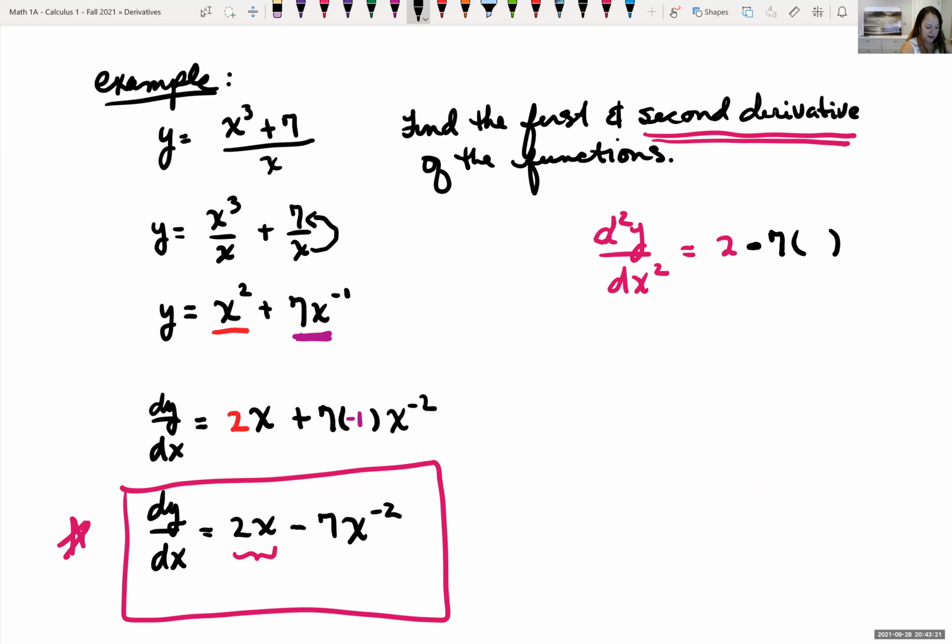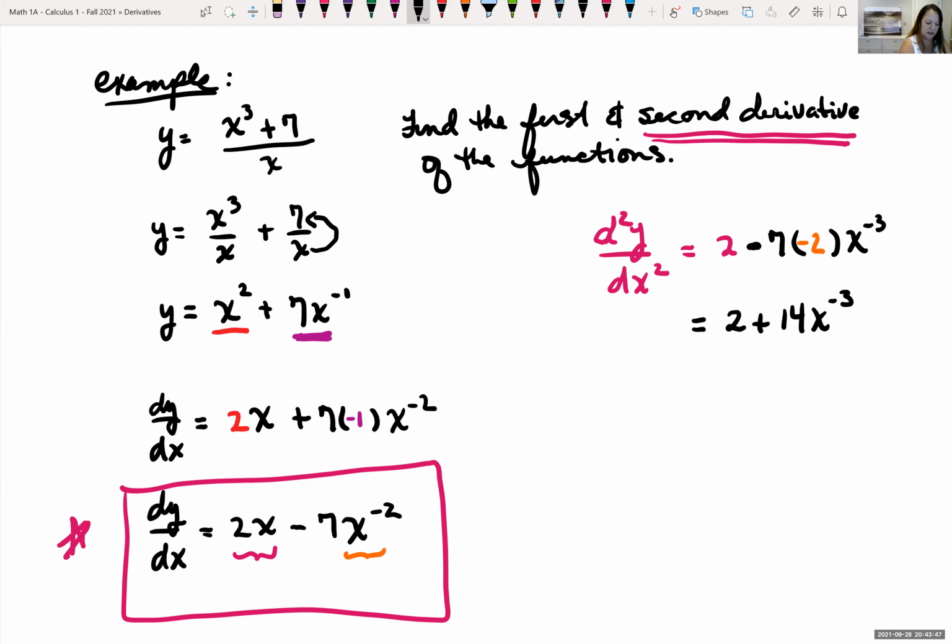So taking the derivative of this x to the negative 2 power, bring my power down in front, so bringing down my negative 2, and subtract 1 from my exponent. So negative 2 minus 1 gives us a negative 3 exponent. And so we really have 2, well, negative 7 times negative 2, so this is really plus 14x to the negative 3rd power.